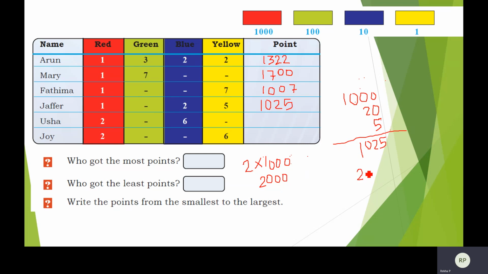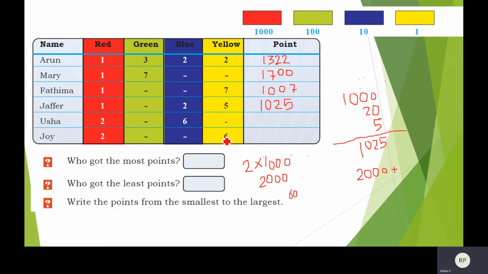So 2000, let's add 2000 plus, what do you have to do? 6 blue. Okay, so blue is 10. So you have to multiply 6 and 10. So 6 times 10, what will you get? Just put 1 zero towards the right of 6. So what will you get? 60.